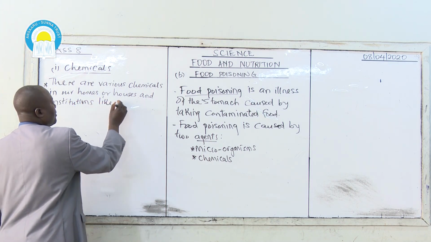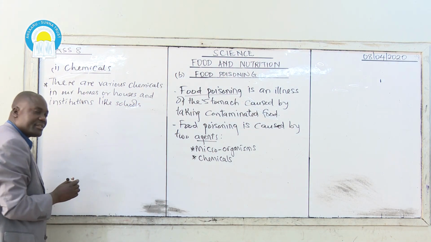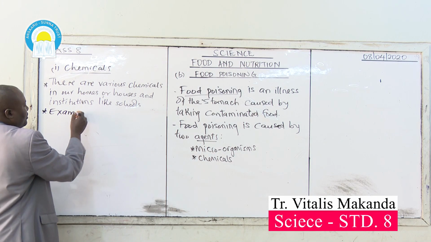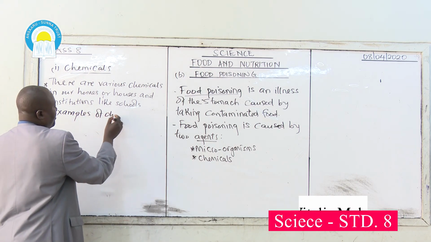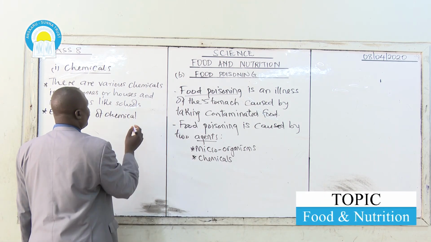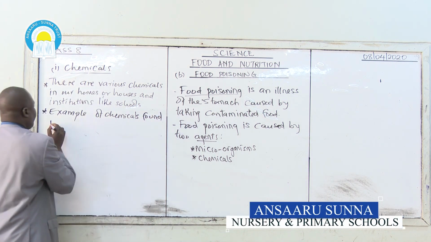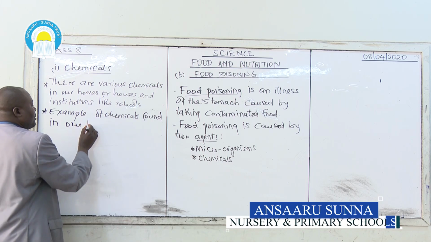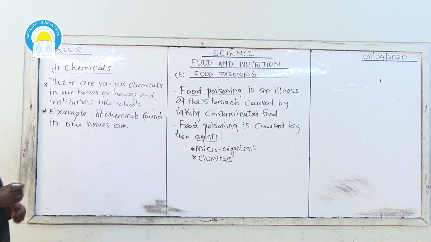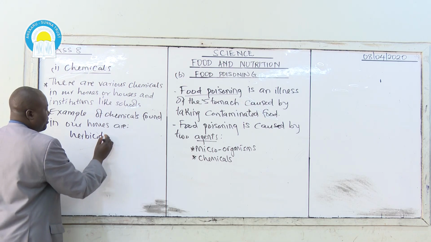Such chemicals are as follows. Examples of chemicals found in our homes: one, we have herbicides, because some people do farming, and if they are doing farming, they use herbicides.